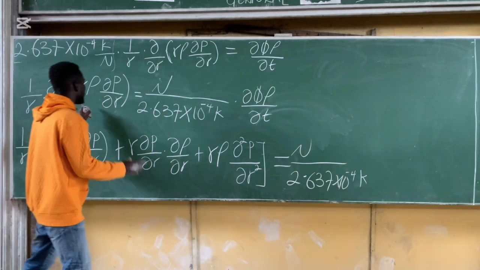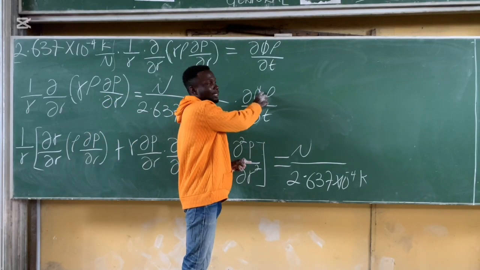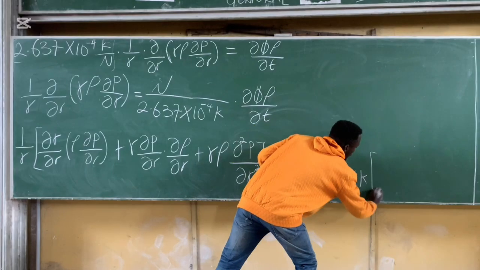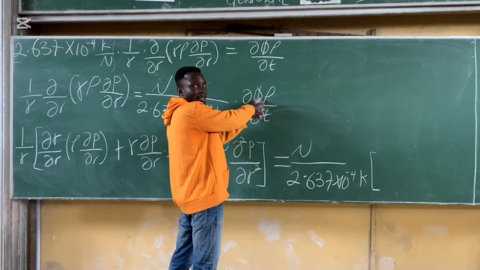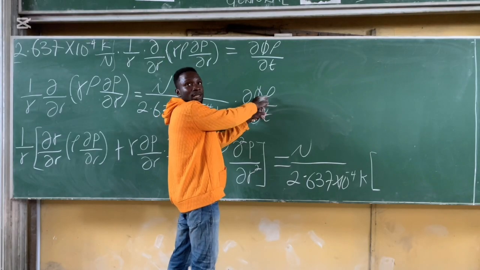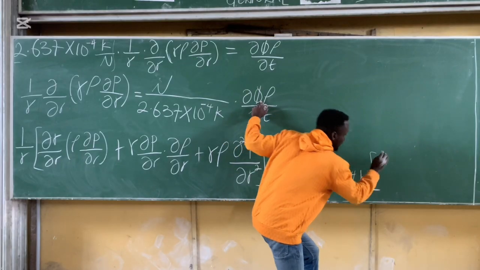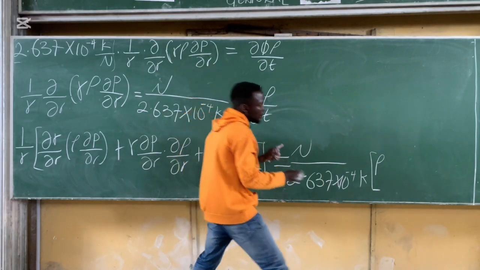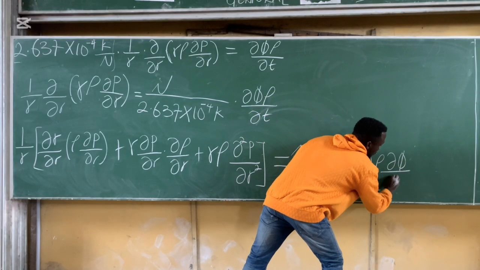The same way we differentiated this other side, we are still going to differentiate porosity and density the same way. If you are differentiating porosity, density becomes constant. So we are going to have density, differentiate porosity with respect to dt. Now we are going to have d phi divided by dt.